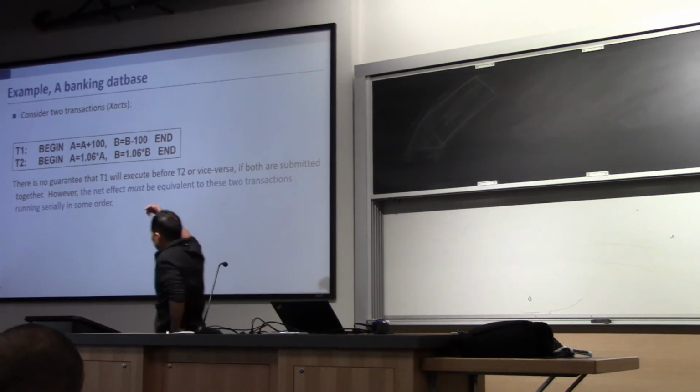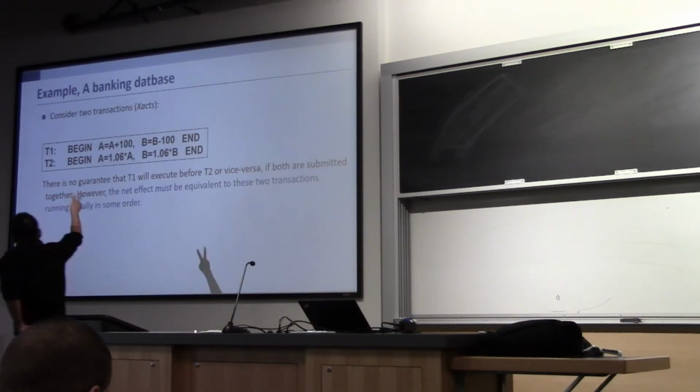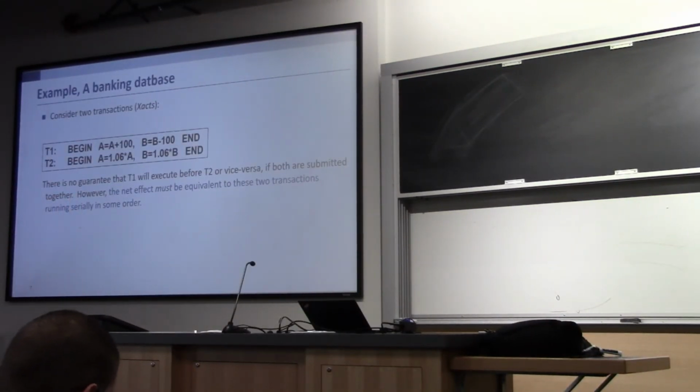What I'm doing here is A and B are two bank accounts, and I own these two bank accounts. I have a checking and a savings account with Wells Fargo or Bank of America, whatever. And all I'm doing, as transaction one, is issuing a balance transfer between the two accounts: a $100 transfer.